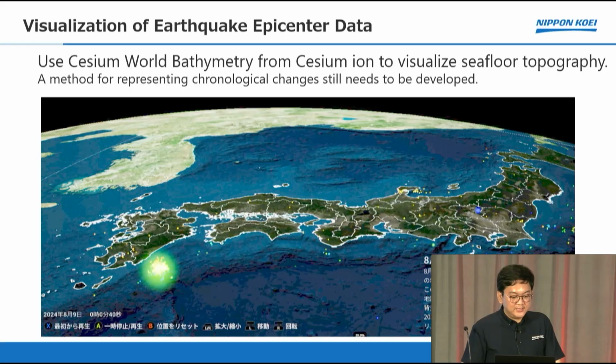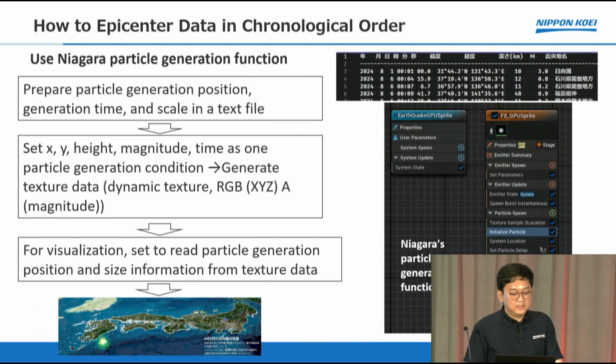To display the seafloor topography, we found that Cesium World Bathymetry could be a good solution. However, showing the earthquake epicenters in a time series format was more difficult. So we explored different options and ended up using the Niagara particle system in Unreal Engine.